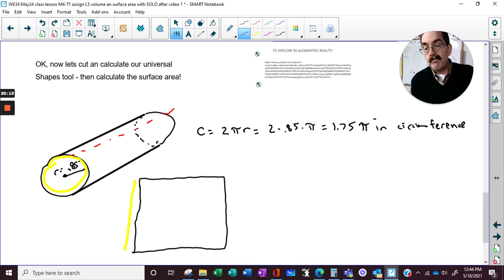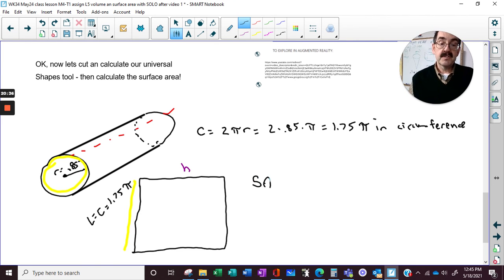So this is my height, how tall it was. My length is the circumference, which is 1.75 pi.